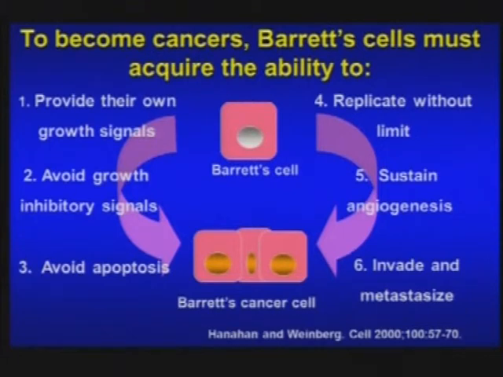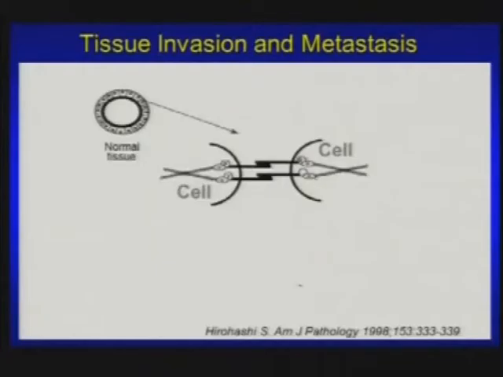The final core feature is the ability of these cells then to invade and metastasize. And although the exact mechanisms of invasion and metastasis are poorly understood, they do involve changes in cell adhesion molecules, such as catenins and cadherins.